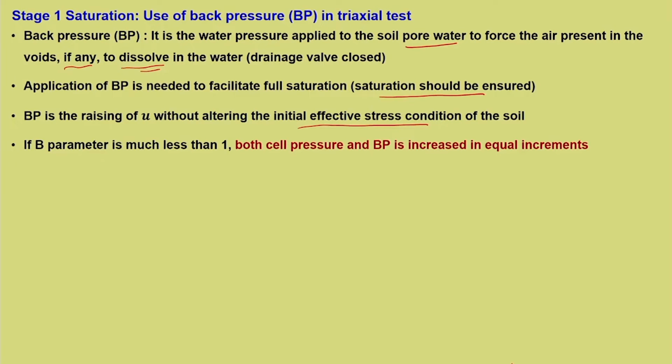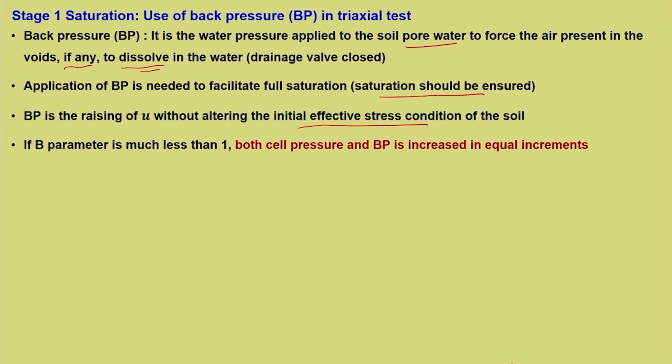You need to increase the cell pressure by some small increment, not substantially, and measure the pore water pressure. And B, we know, is delta U by delta sigma 3, that is during the confinement. So, measure both. If it is much less than 1, it indicates that it is not saturated. If it is close to 1, it indicates it is saturated.